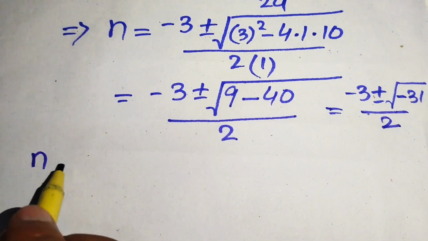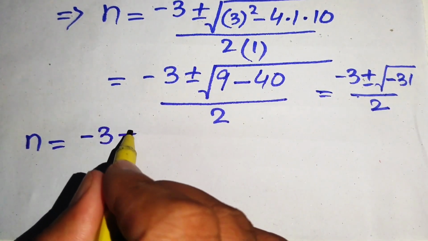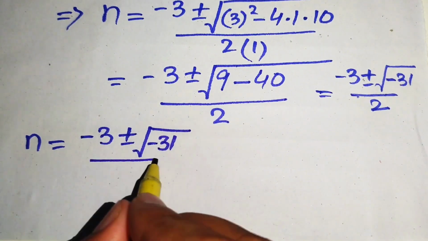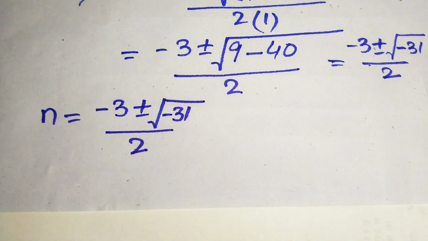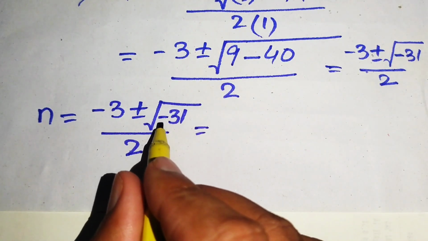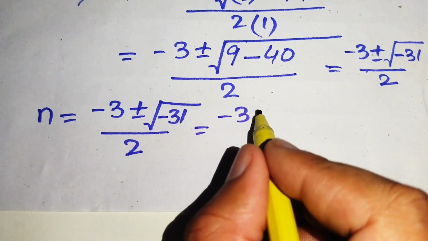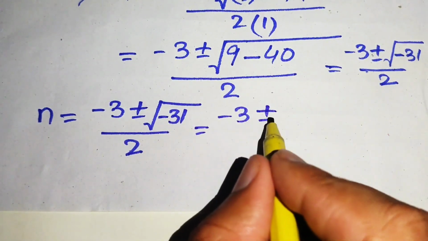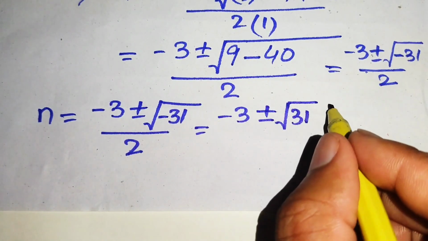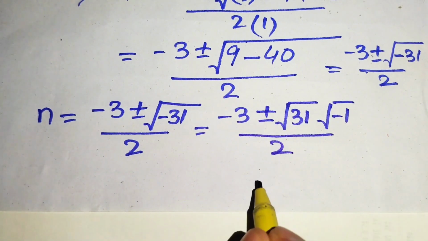So we have the two values of n as minus 3 plus minus square root of minus 31 divided by 2. Now you see that we have a negative sign inside the square root, so we separate this negative sign and write it as minus 3 plus minus square root of 31 times square root of minus 1, divided by 2.